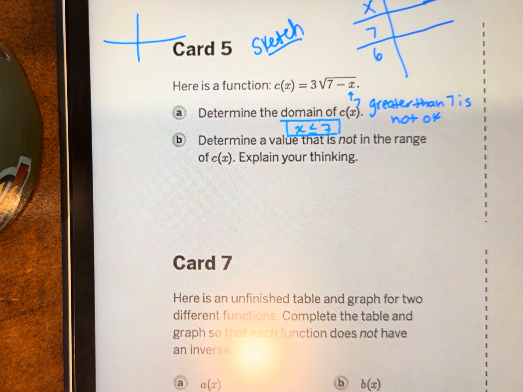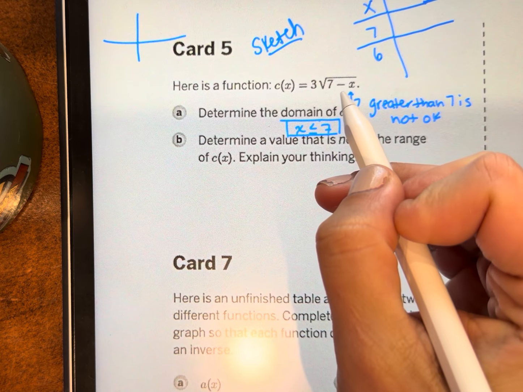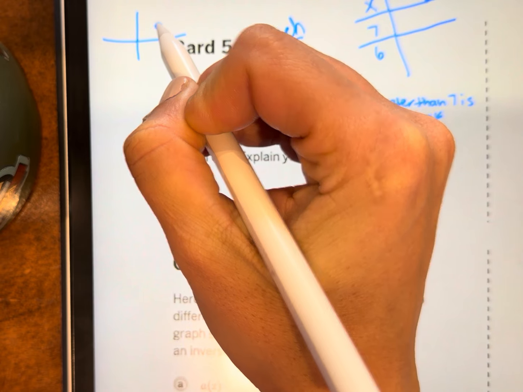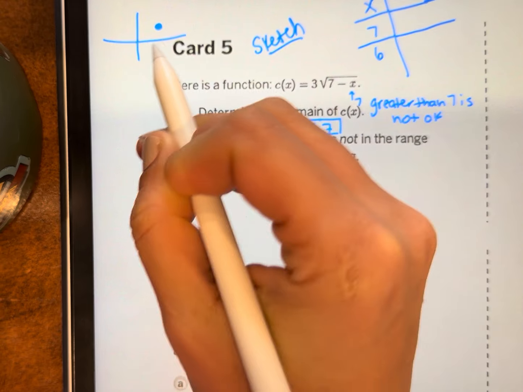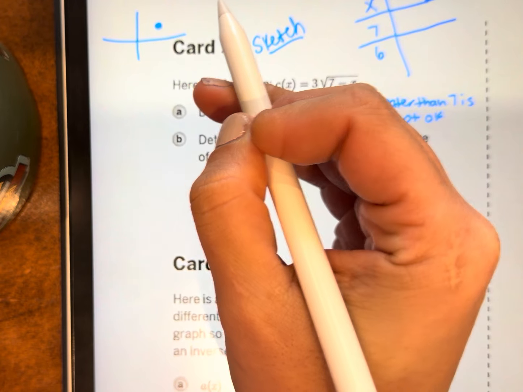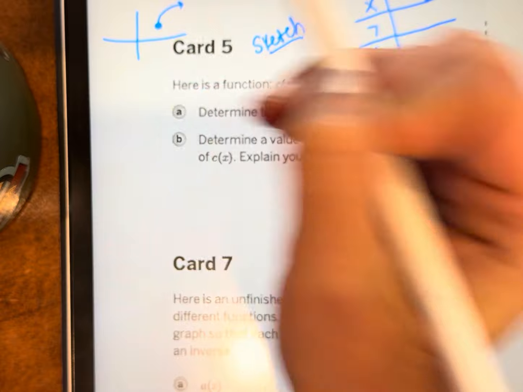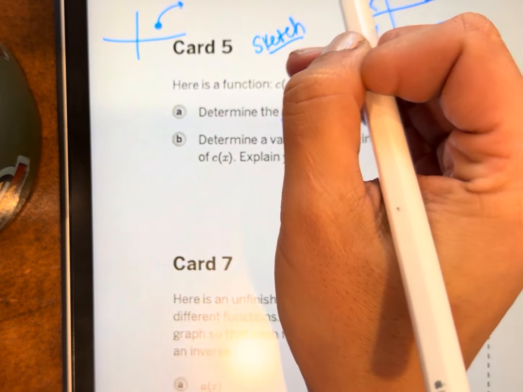Okay, now they want me to come up with a value that's not in the range. So my understanding of a square root function tells me that they kind of begin somewhere. I'm not saying this one begins here. I'm just saying they begin somewhere, and then they head off in a particular direction from there. Now, they could go up.